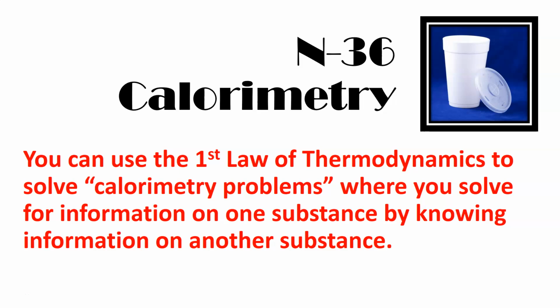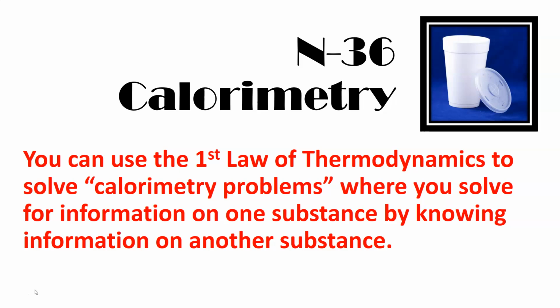So we're kind of solving a specific heat problem in a very roundabout way, and we're exploiting this law of thermodynamics that says that we can't create or destroy energy. Whatever one object lets go of, one is going to absorb. So that's kind of the concept here.